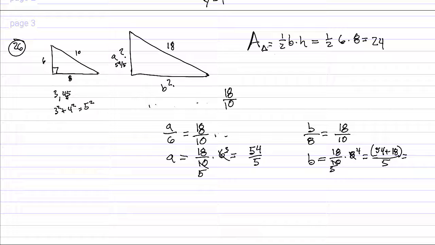So that would be equal to 72 over 5. So this would be 72 over 5.